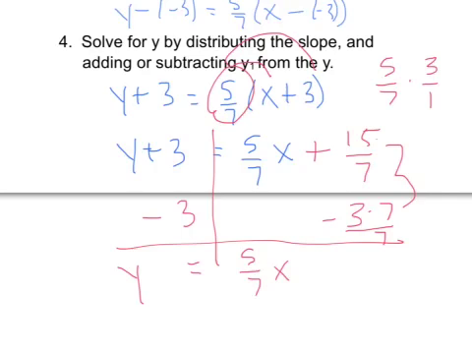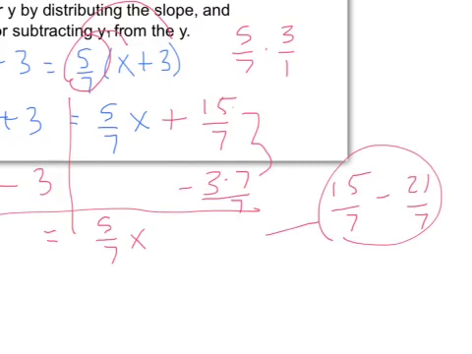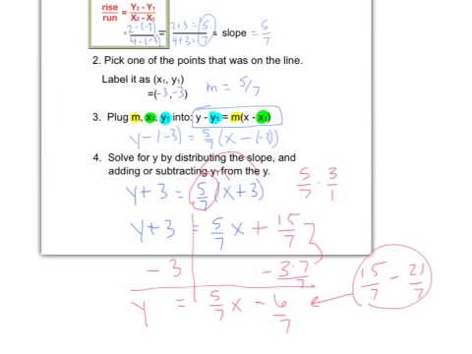This is going to simplify to be, work this off to the side, 15/7, which was positive, minus 21/7. And if we simplify that, we get -6/7.